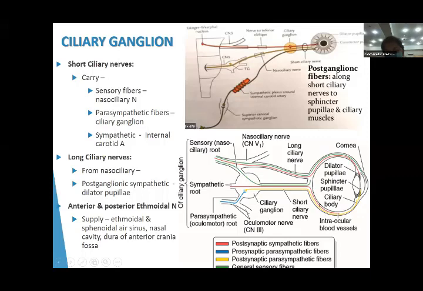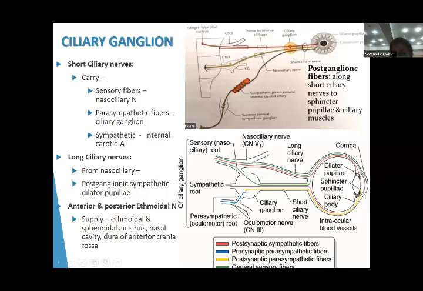This is for the supply of intraocular blood vessels. Sympathetic जो हुआ तो intraocular blood vessels, plus they also go and supply the ये जो muscle है.